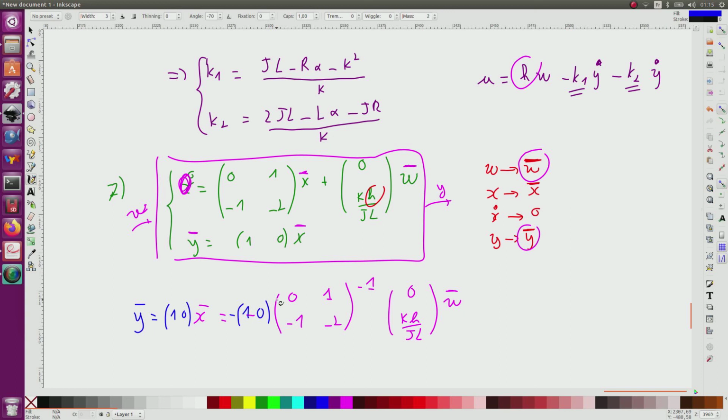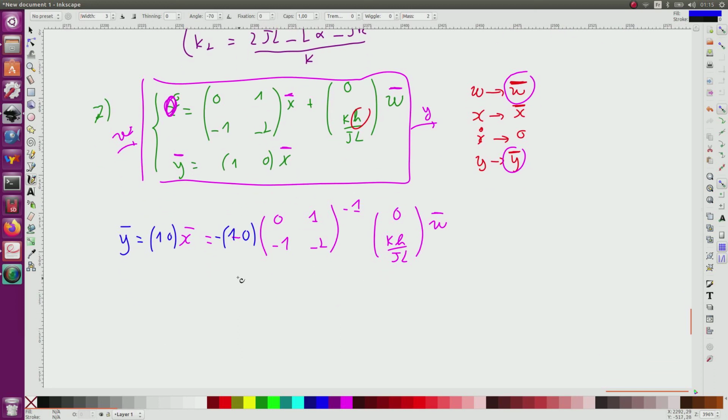What I want is to have all this equal to 1, because in such a case Y bar will be equal to W bar.